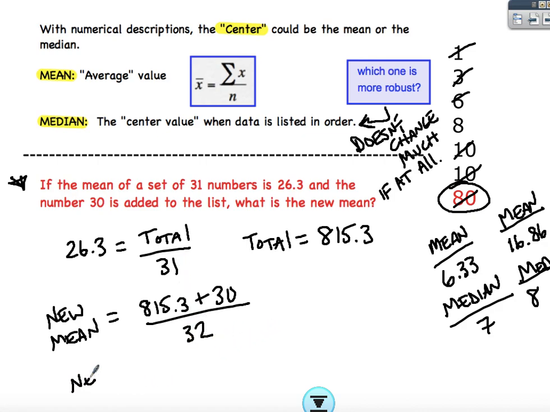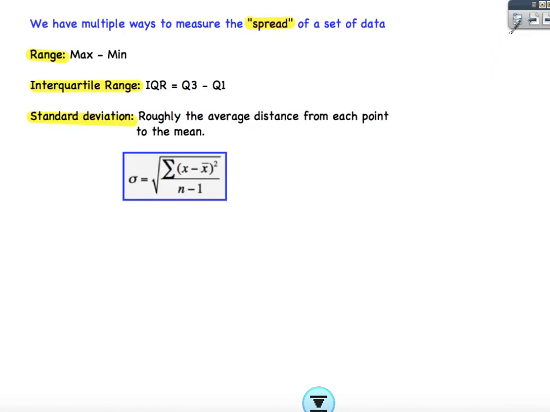So now I can plug those in and figure out my new mean. So 815.3 plus 30, and then divide that by 32. Now my new mean is 26.42. Okay. Let's move on and see what's next.